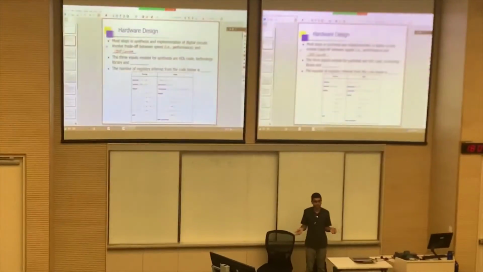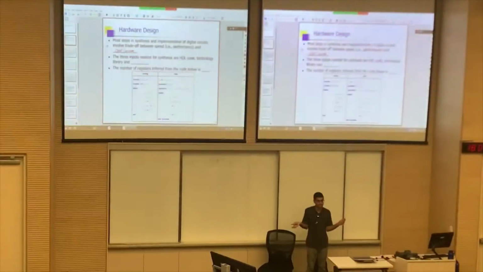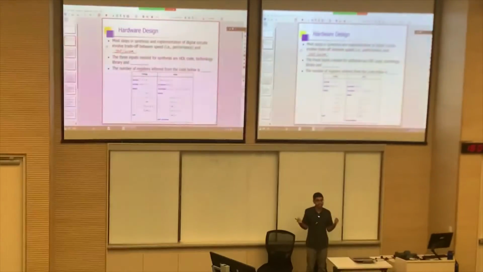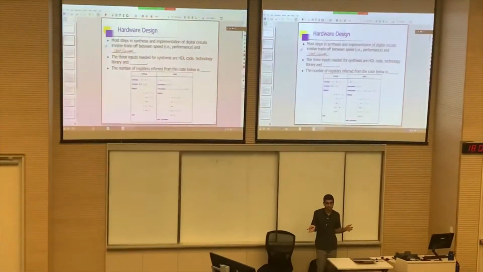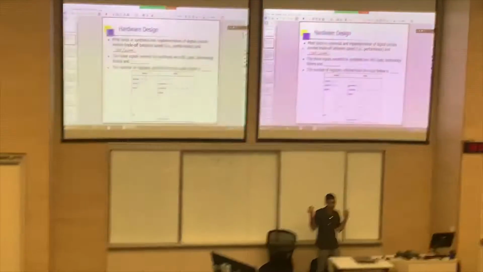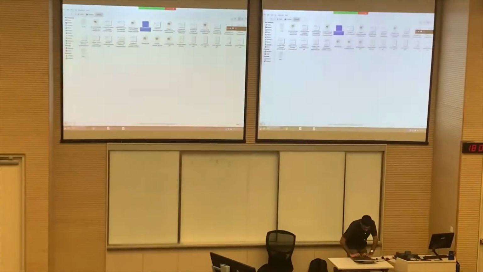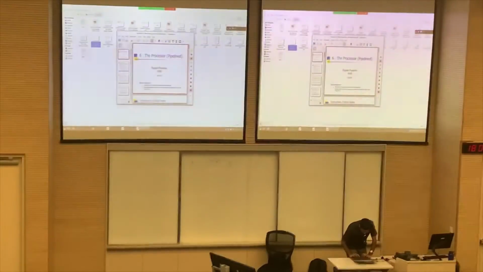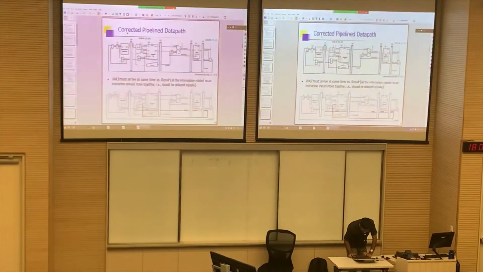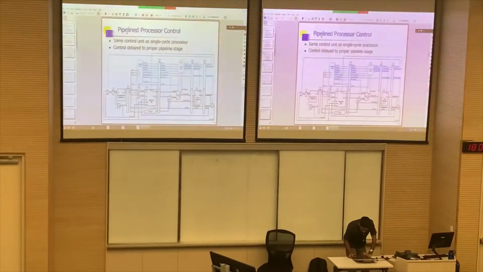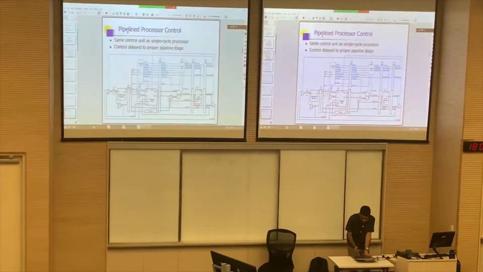And the number of bits that are required is quite high. For example, if you look at the execute register, the E register, there is a lot of stuff being stored in it. The amount of data stored is quite big.